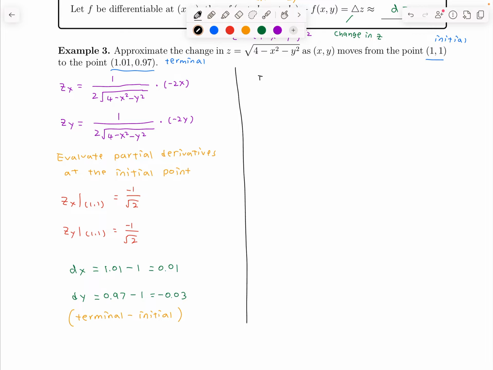So thus, the change in z should be approximately equal to dz, the total differential. And the dz right here is partial z over partial x times dx plus partial z over partial y times dy, which is negative 1 over square root of 2 times 0.01 plus negative 1 over square root of 2 times negative 0.03.